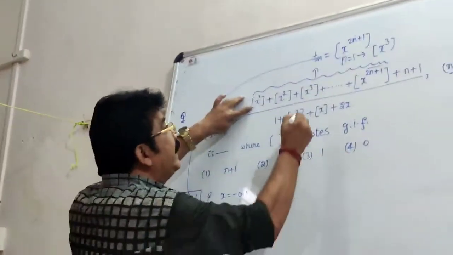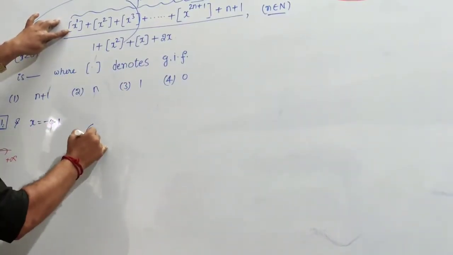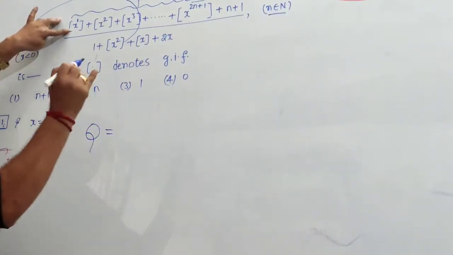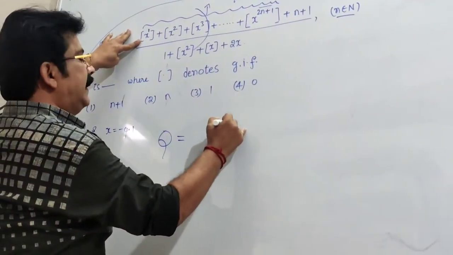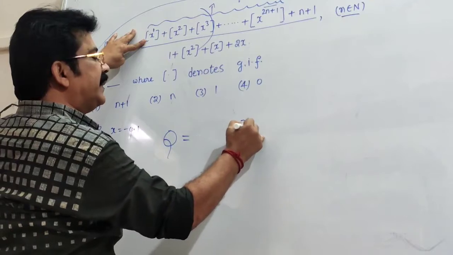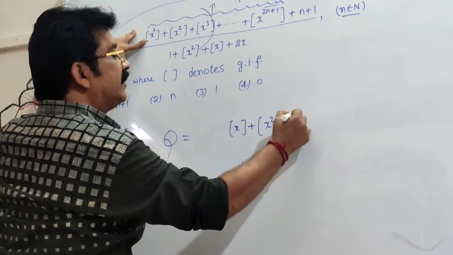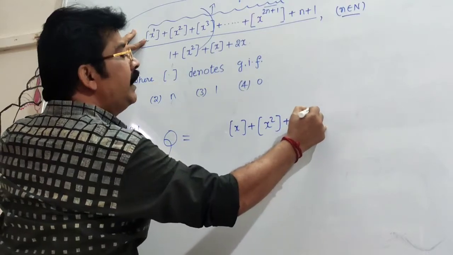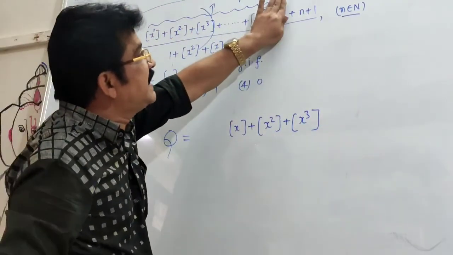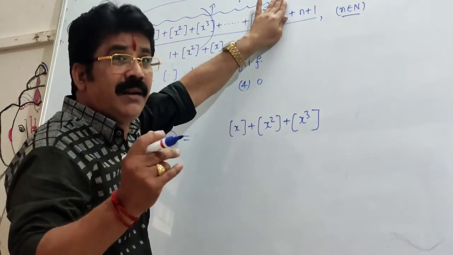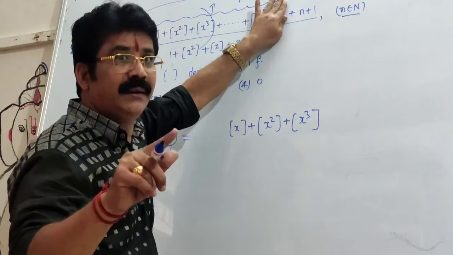We have to take up to x cubed. So the question is reduced by taking n equal to 1. The numerator is box of x plus box of x square plus box of x cubed only. This series is completed with a limited number of terms by taking n equal to 1.